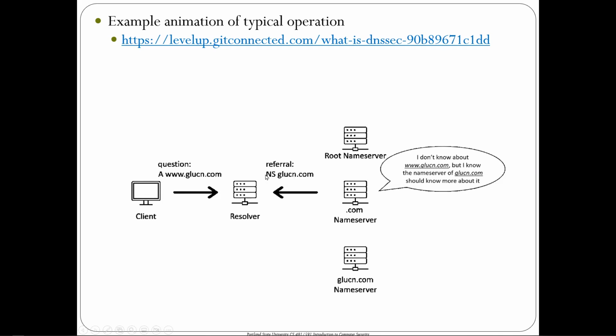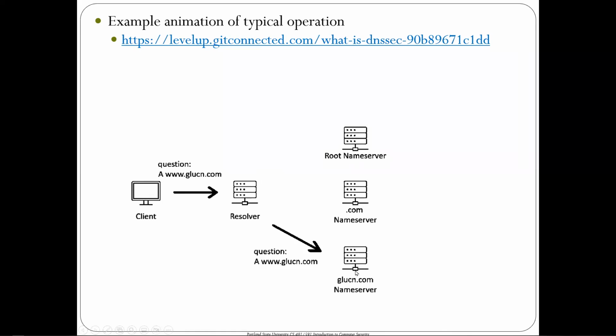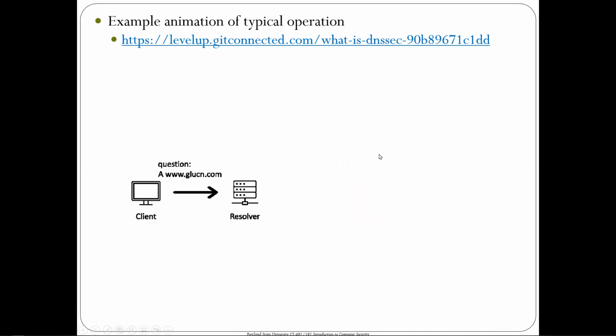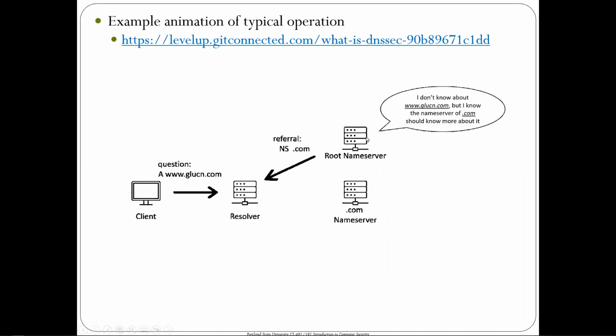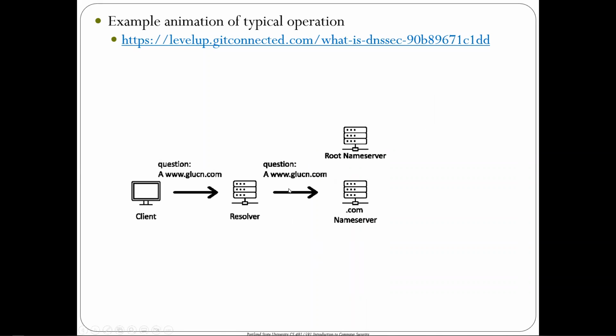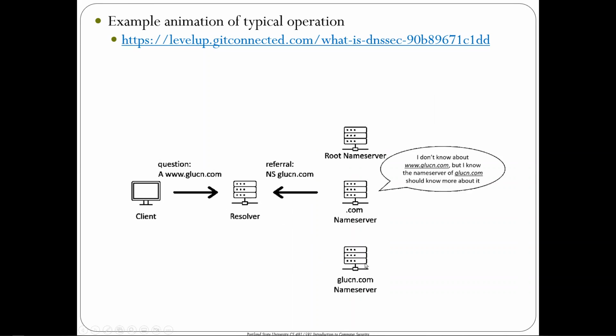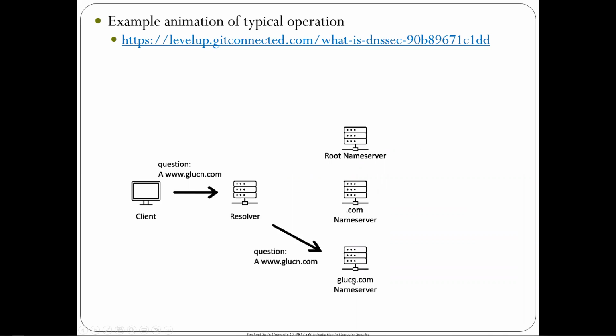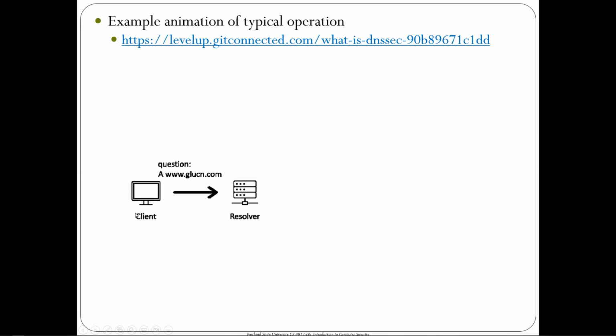Likewise, for .com, it's going to send you the NS for glucn.com. And that's why I mentioned those different records in that database, because you're asking for the A record, and it can only give you the NS records until the very final name server can actually give you the answer. And so this is an A record going all the way back to the client.